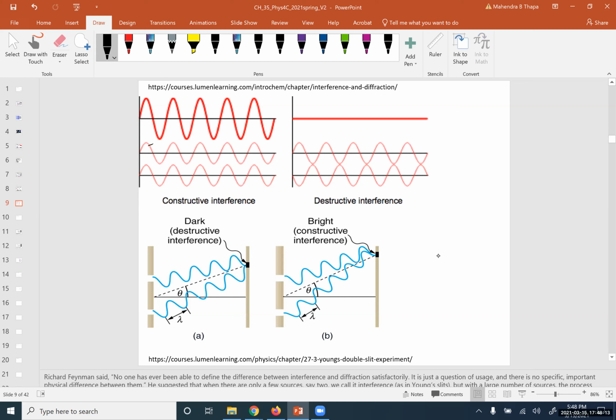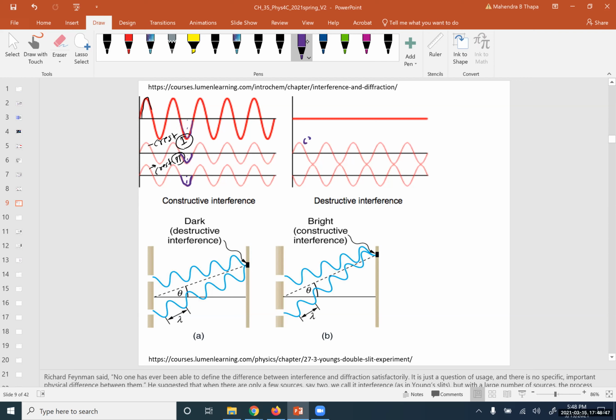The crest of the first wave and the crest of the second wave will reinforce, so the net intensity will be increased. Similarly, the trough of the first wave and the trough of the second wave happen at the same time, so the net trough will also be increased.